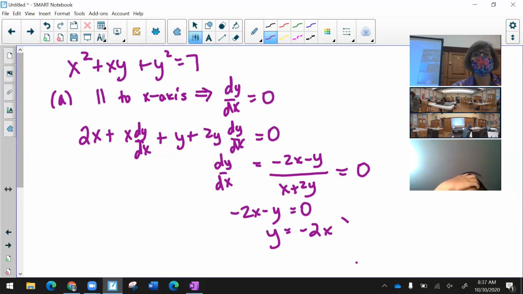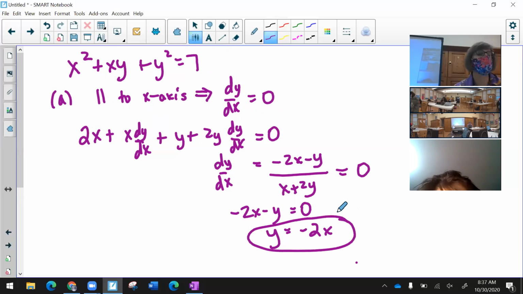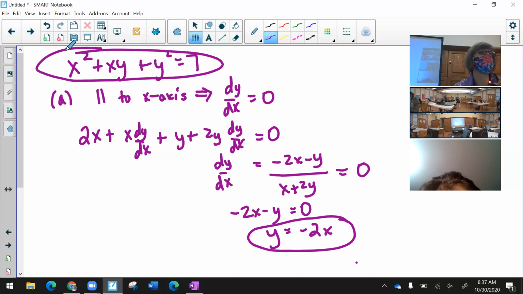I've got 1 right here, and where's my other one? The original equation. Any set of x and y that I deal with has to be on the original graph, okay? So we can take y equals -2x and substitute that into our original equation.